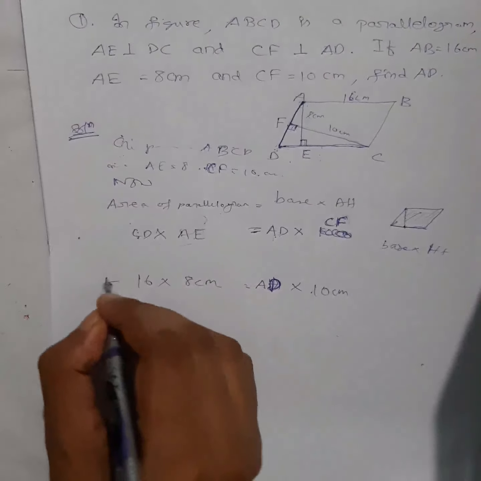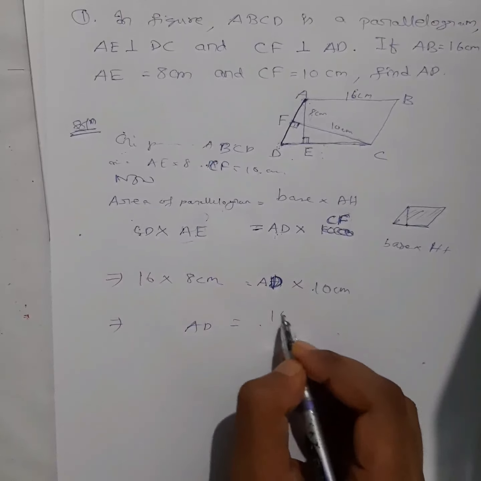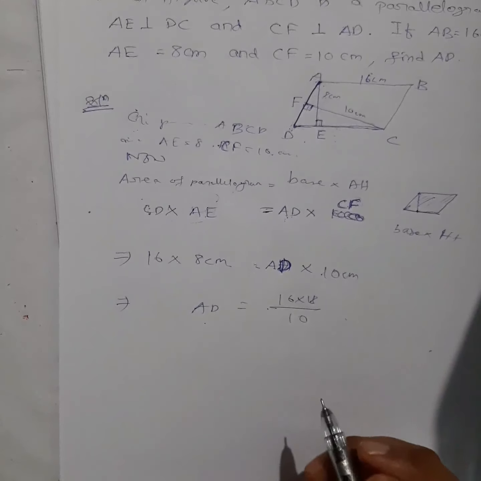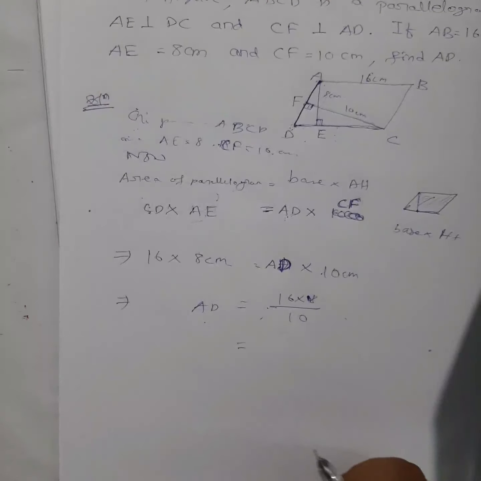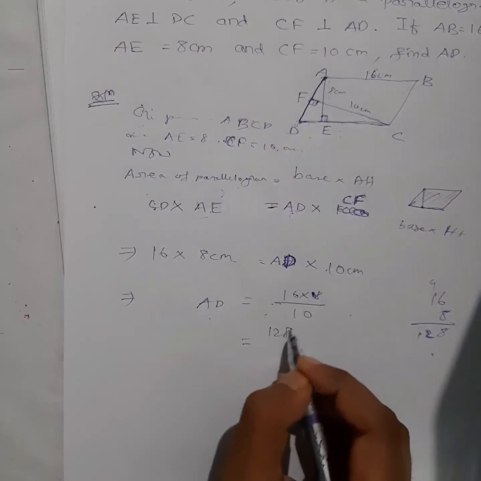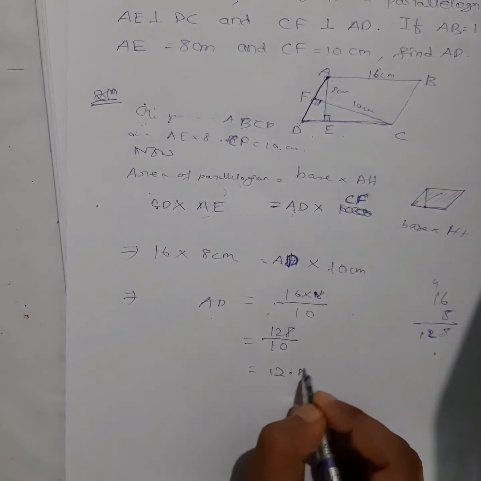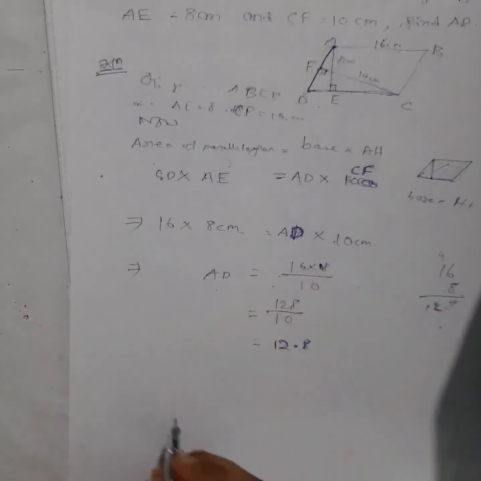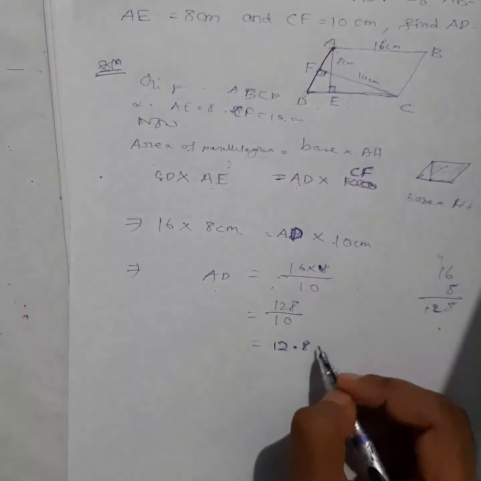After that, AD is equal to 16 into 8 by 10, because the 10 will come to the downside. Multiply 16 into 8, it will be 128 by 10. If I didn't make any mistake in calculation, the answer will be 12.8 centimeter. I can use decimals, right?